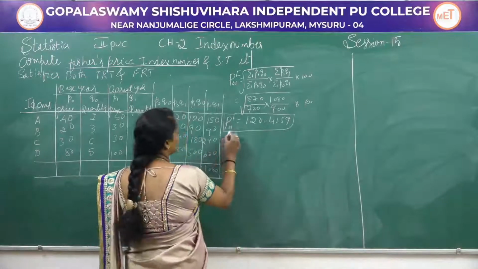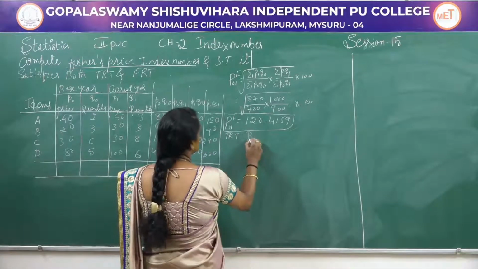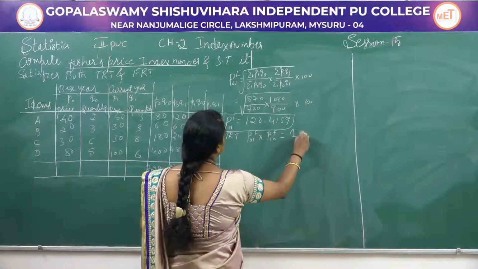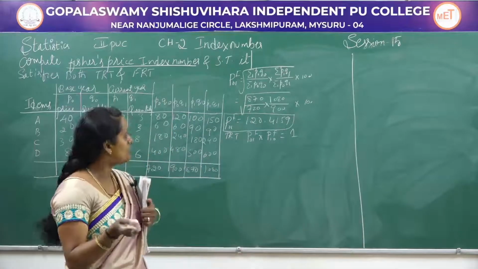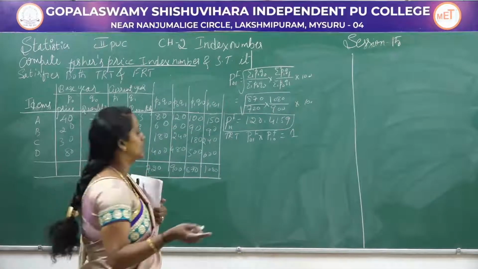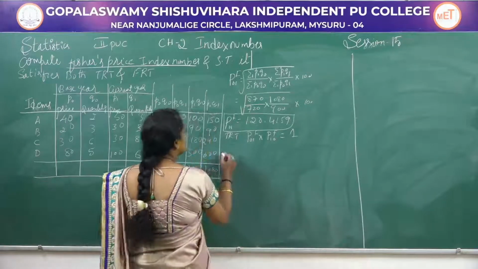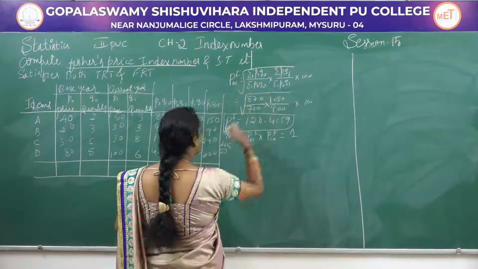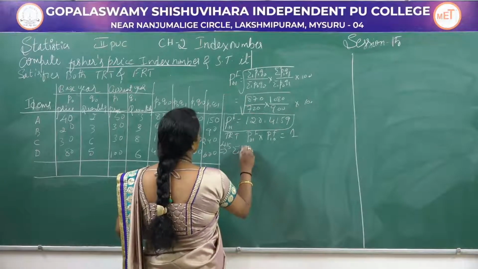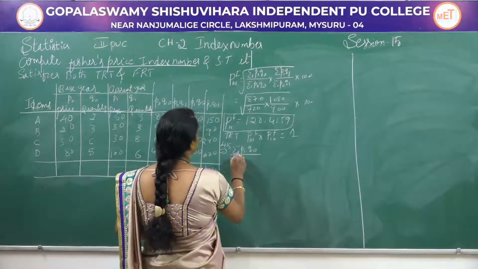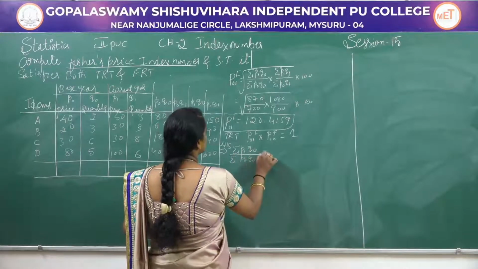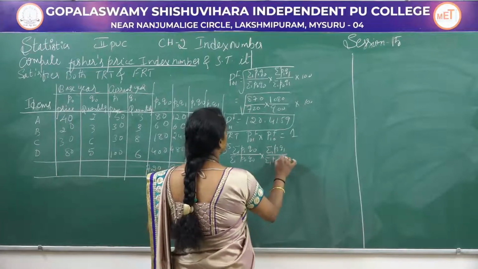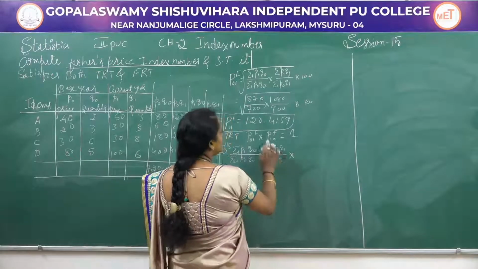First I'll write the condition for TRT. TRT condition is P01 of Fishers into P10 of Fishers is equal to 1. Directly I'll substitute the formulas for both the price index with time reversal. So I'll take down the LHS first. P01 of Fishers, already I have written the formula. It is summation of P1 Q0 by summation of P0 Q0 into summation of P1 Q1 by summation of P0 Q1, into P10.